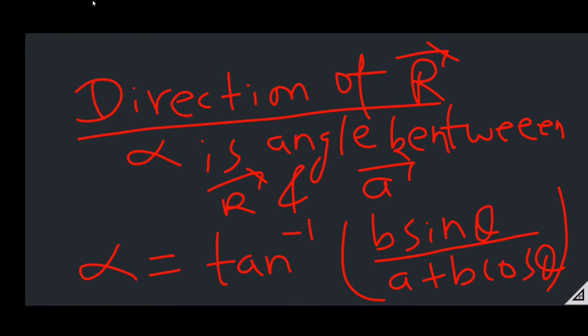I have already shown you in the figure. So alpha is the angle between resultant R vector and A vector. So the formula of alpha is tan inverse B sine theta upon A plus B cos theta. So this is the direction of the resultant, and it is the angle with A vector.